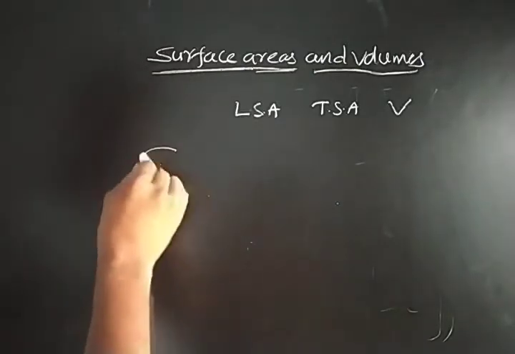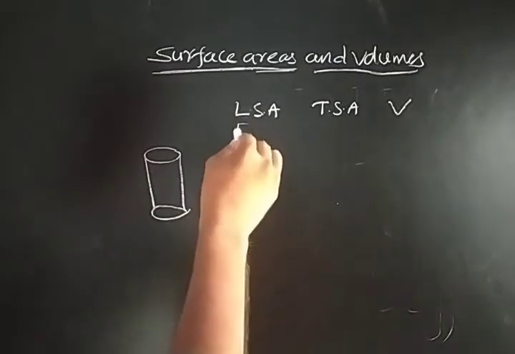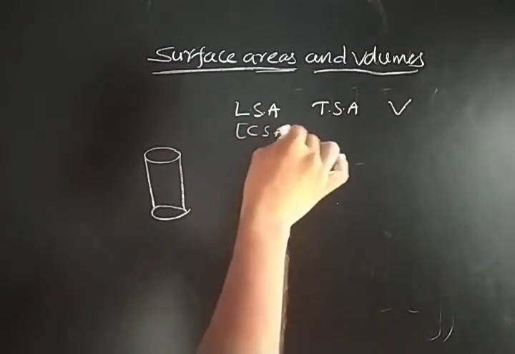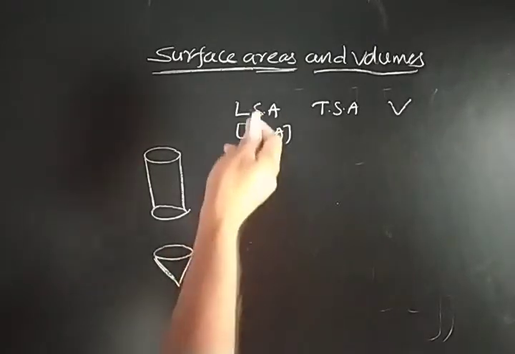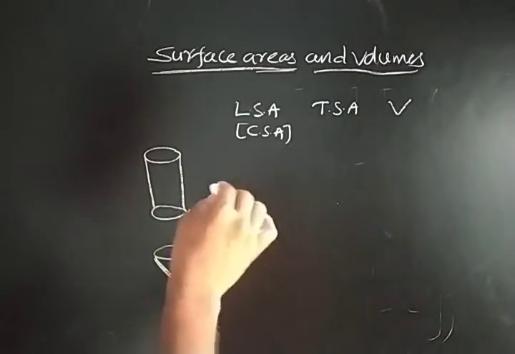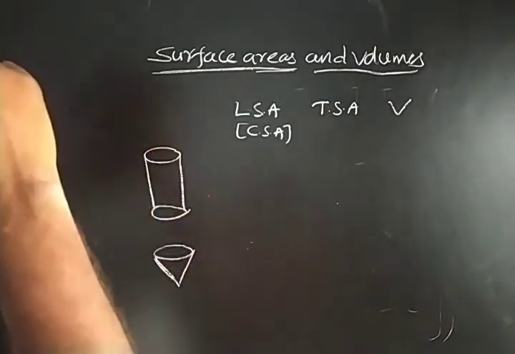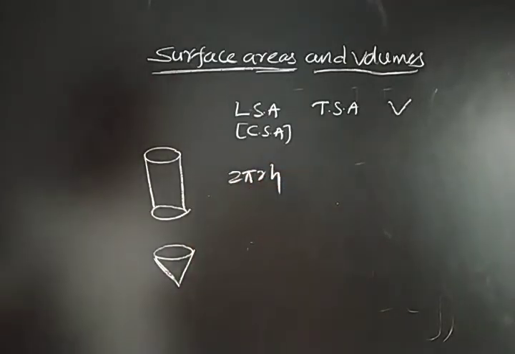Next, I am taking cylinder and cone. For cylinder, LSA is known as curved surface area. For cylinder and cone and sphere and hemisphere, LSA is known as CSA. CSA of cylinder is 2 pi RH.